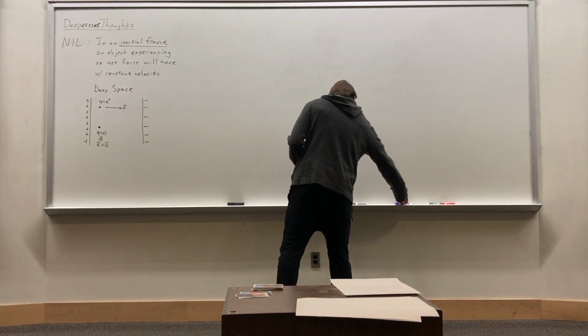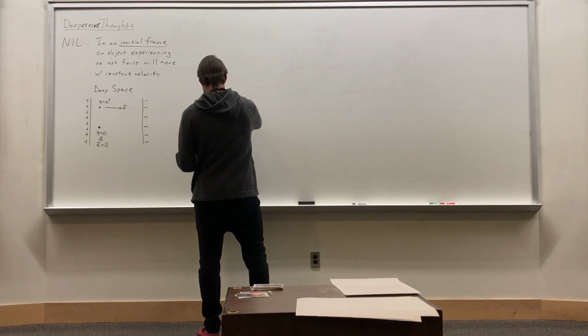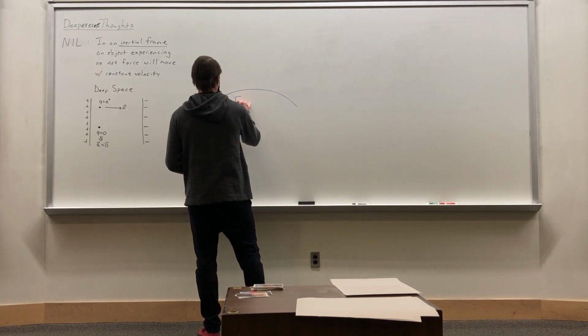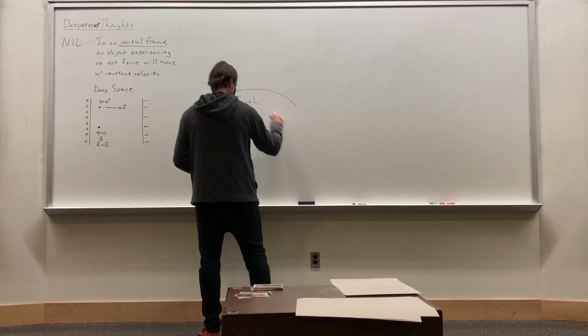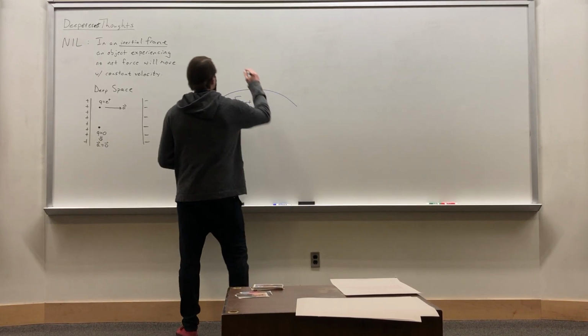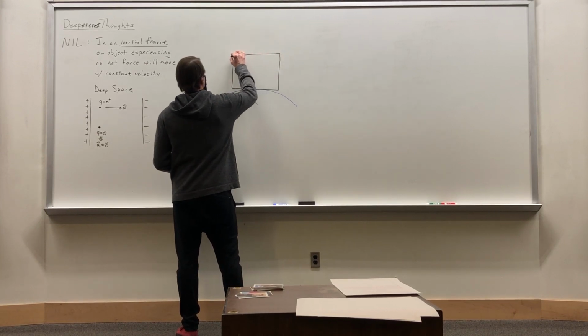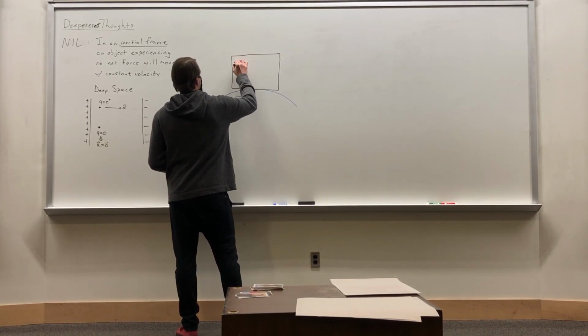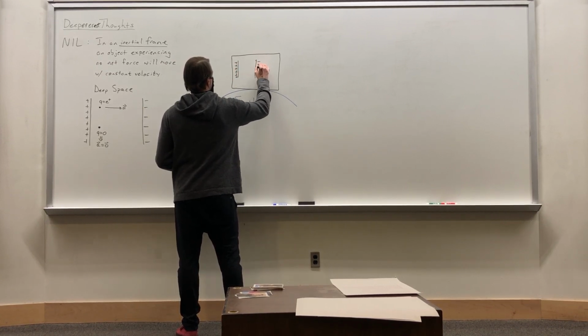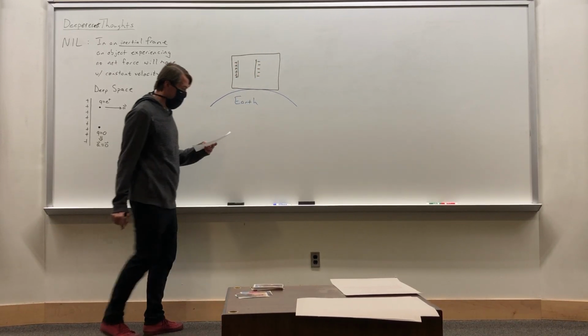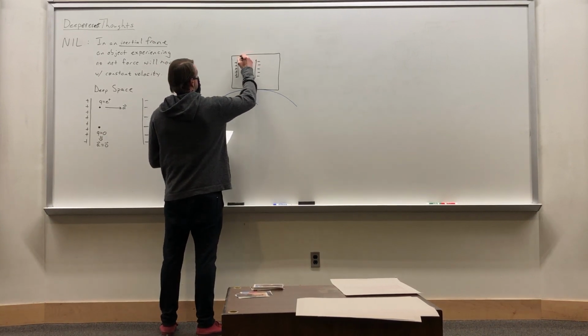If I'm near the surface of the Earth, and I've got my lab set up with my capacitor. Okay? And of course, this is going to generate the E field in this direction.